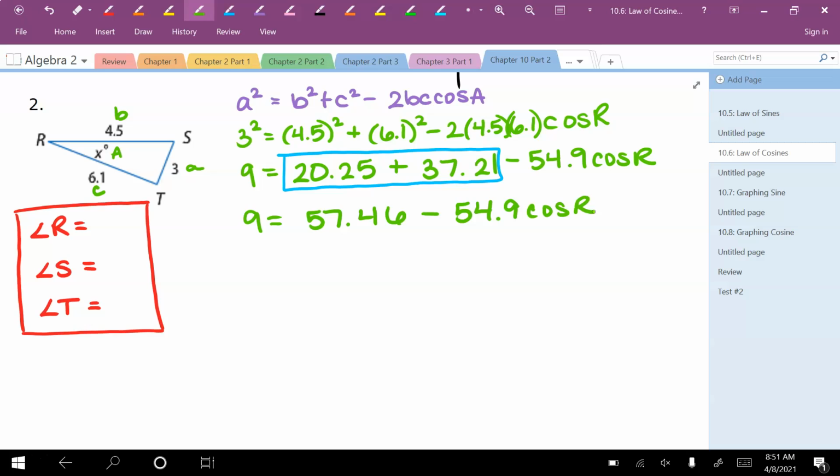I can't subtract the 57.46 and that 54.9 because that 54.9 has the cosine attached to it. So it's kind of acting like that X right now. If they both don't have the same variable attached, you can't combine them. It's like trying to combine like terms. So I'm going to move this 57.46 over by subtracting it from 9.